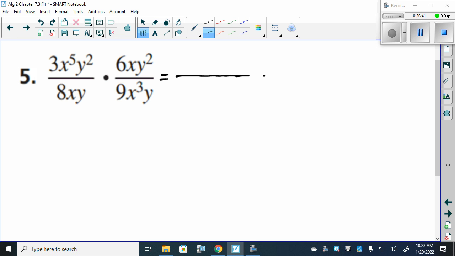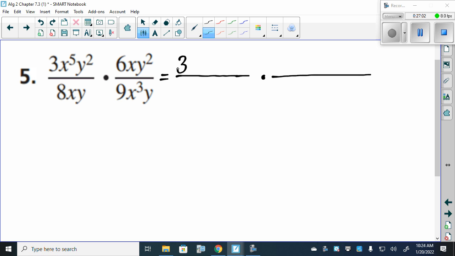I'm going to show you one more way to do this. Do not write this. I don't find this as an effective way to solve these, but I still want to show you guys how to do it anyways. When we look at this first one here, we have 3x to the 5th y squared. 3 is prime.